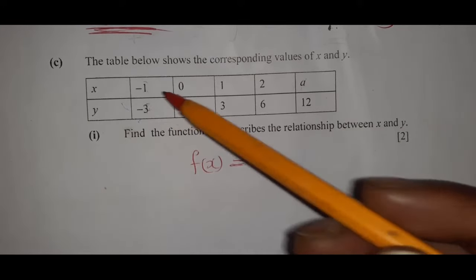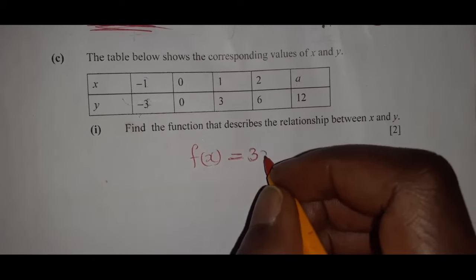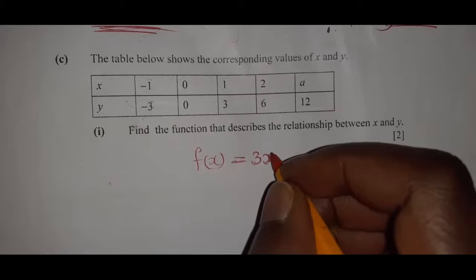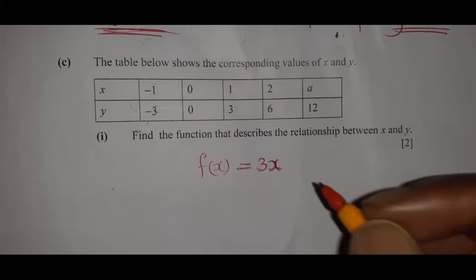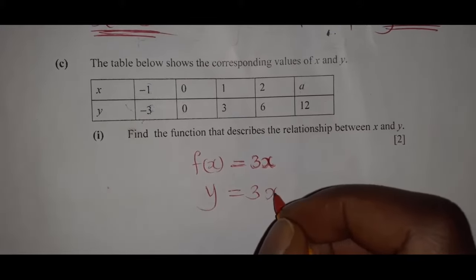Okay, so if we say 3 multiplied by x, this is the same as y is equals to 3x.